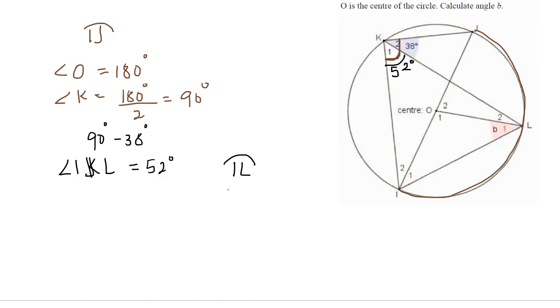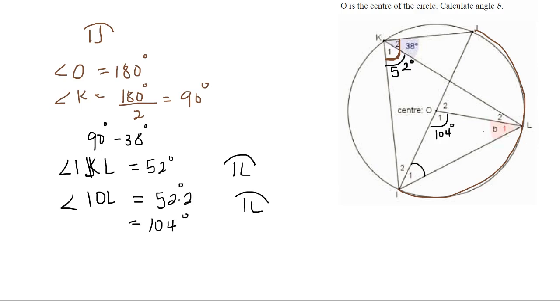And the central angle IOL also has the arc IL. So that means it should be double, that is 104 degrees. So this one is 104 degrees.